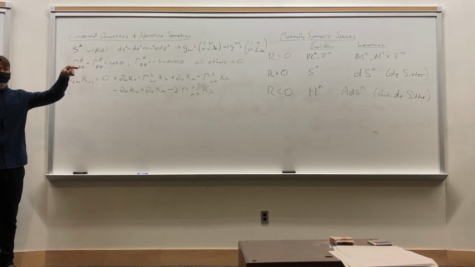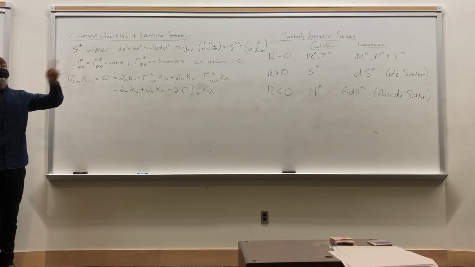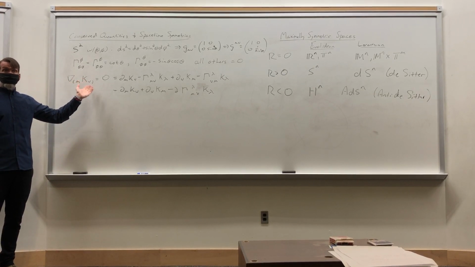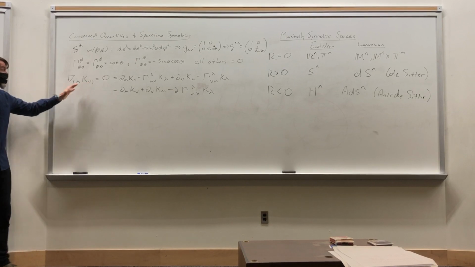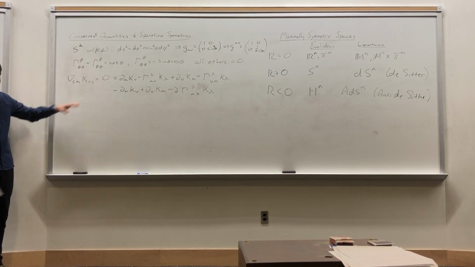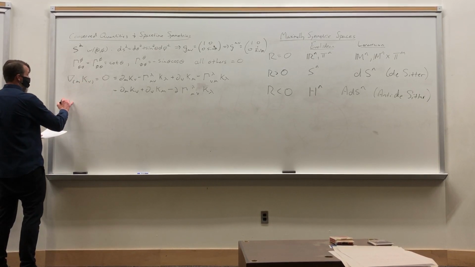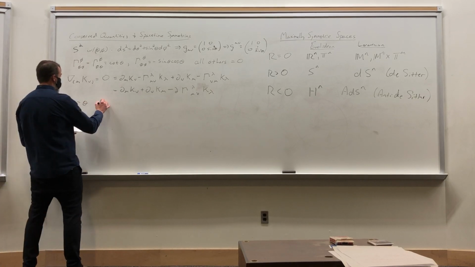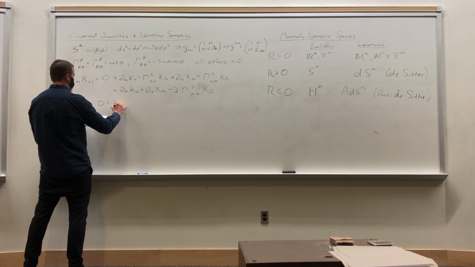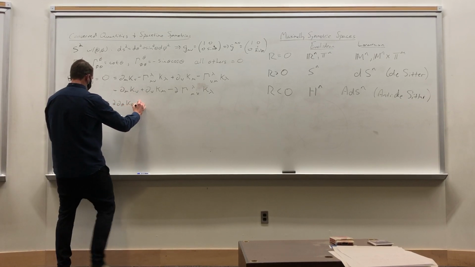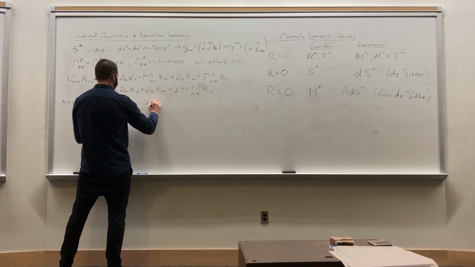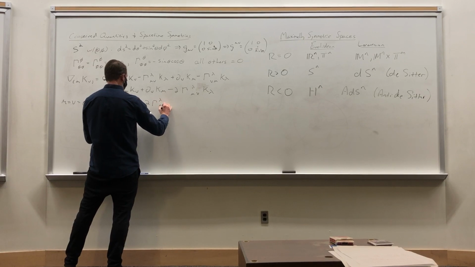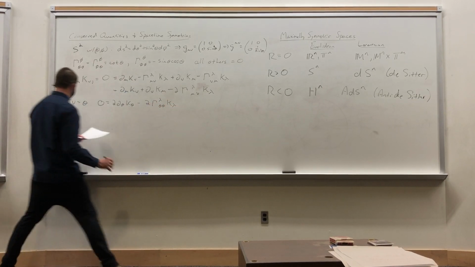The diagonals and then one of the off diagonals, because the other off diagonal has to be the same. So there are 3 independent equations, and I get them just by picking the coordinate values for mu and nu. Let's do mu equals nu equals theta, in which case I get 2 d theta k theta minus 2 gamma lambda theta theta k lambda.